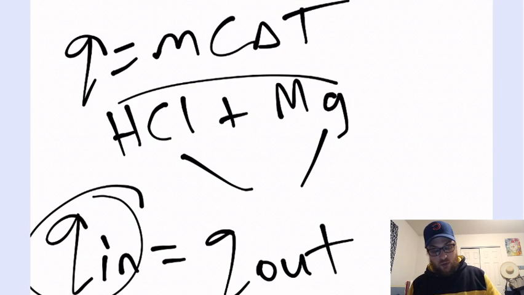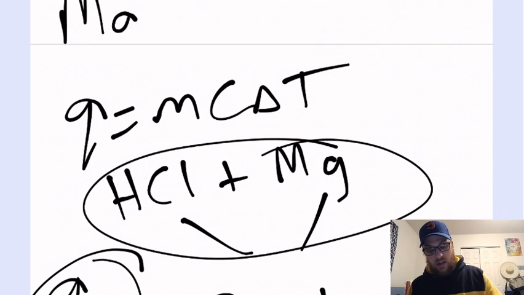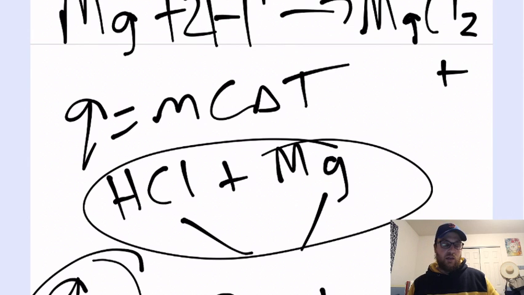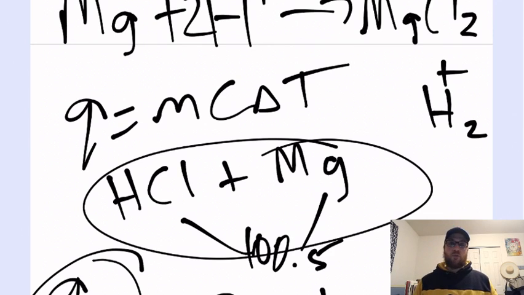The reason we had to include both of them here is that this was a chemical reaction, and no heat is going to be absorbed or released unless they chemically combined based on the net ionic equation that was given to you, which looked something like this. H2. Okay?